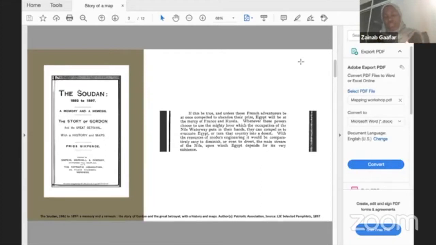It was also explaining how Kitchener must move to Khartoum and reclaim, or actually avenge, Gordon, because through that they will be saving the people of Sudan.